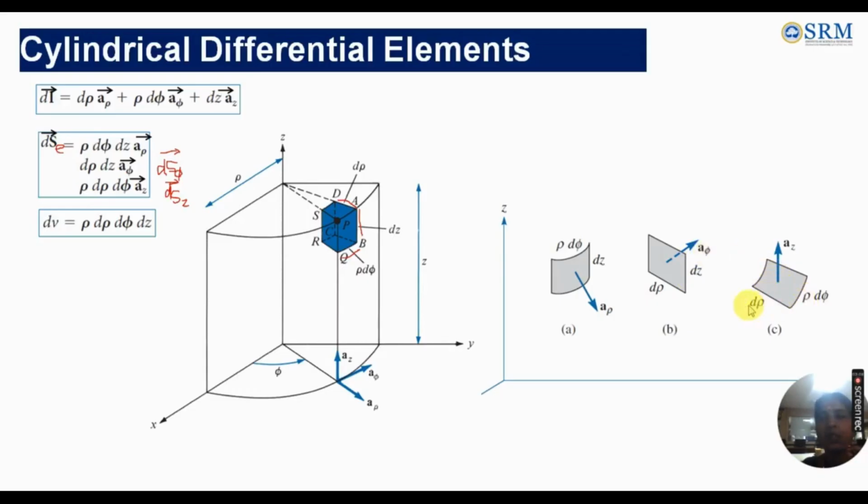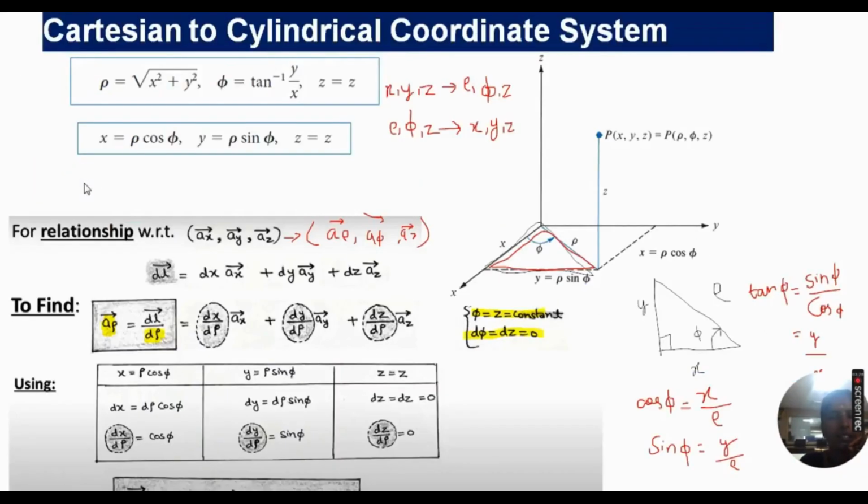Similarly, rho d rho d phi into a z cap for ds z vector. If you want to find the volume element, it is just the product of all the differential elements we have considered, so rho d rho d phi dz is the volume element in cylindrical coordinates.